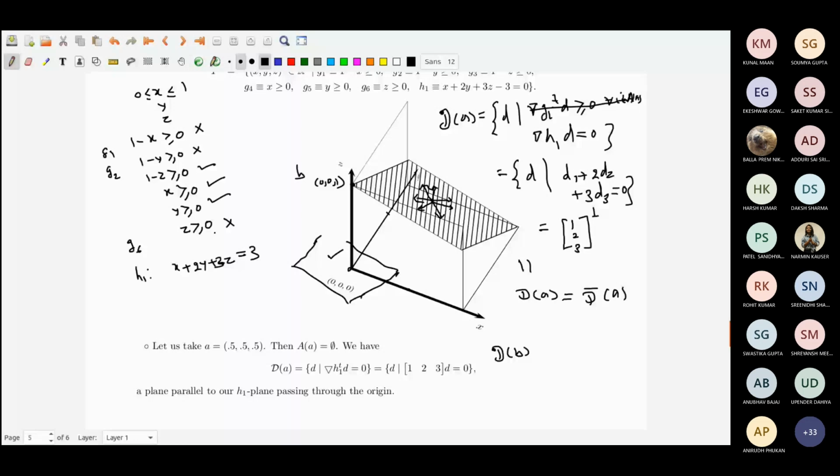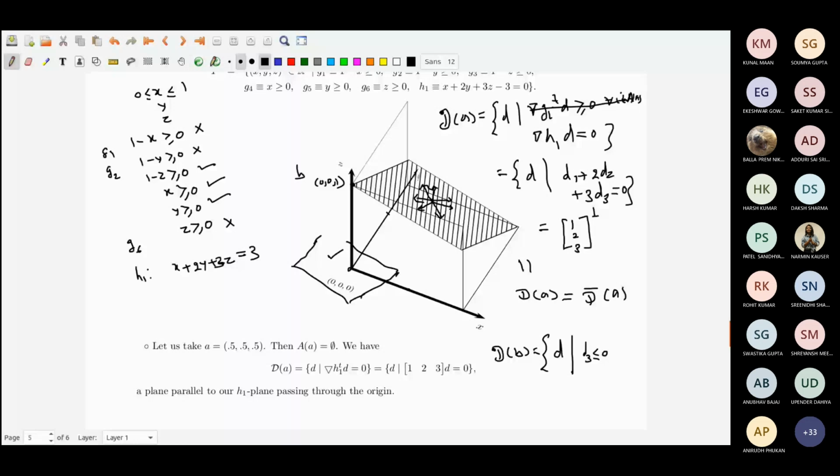Okay, so then this D of B is the set of directions D such that the first one's grad inner product D should be greater than or equal to 0. This first one's grad is 0 0 minus 1, inner product D, so that would say D3 should be less than or equal to 0. This is grad G3.